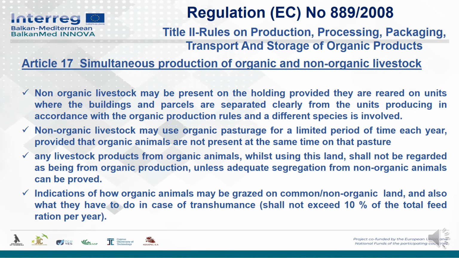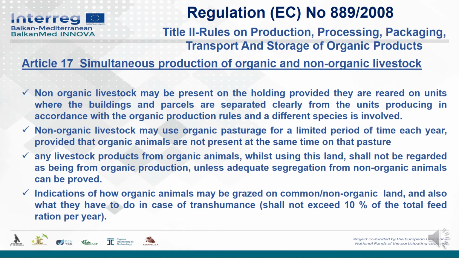Article 17. Simultaneous production of organic and non-organic livestock. So it is in the case when we have parallel production. Non-organic livestock may be present on the holding provided that they are reared on units where the buildings and parcels are separated clearly from the units producing in accordance with the organic production rules and different species are involved.